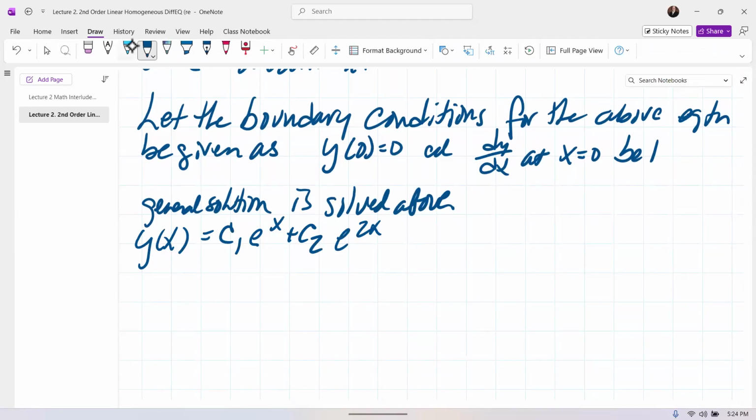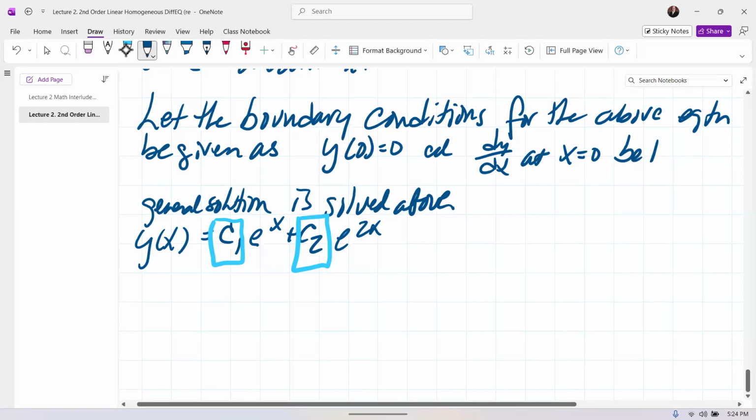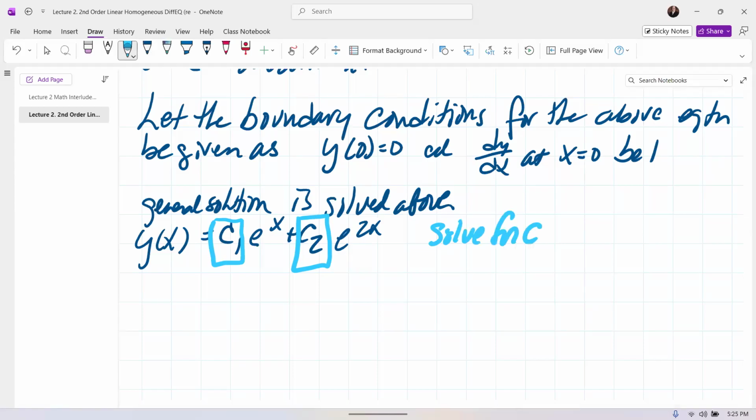The way we recognize that this is the general form is because we have these C1 and C2. So our next task is to solve for them. That's the objective of this part, solving for the C1 and C2. Consider condition 1.